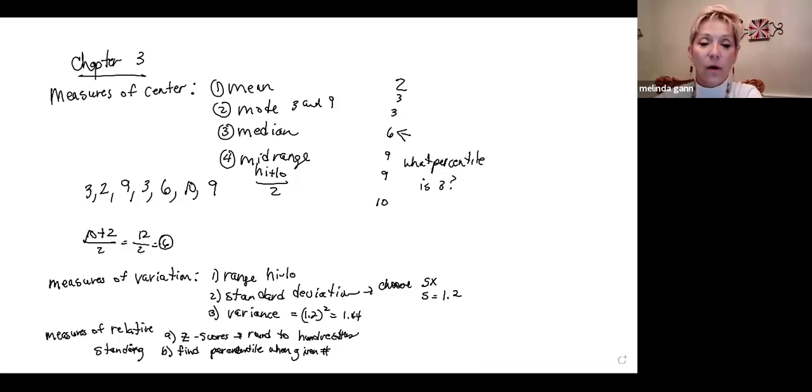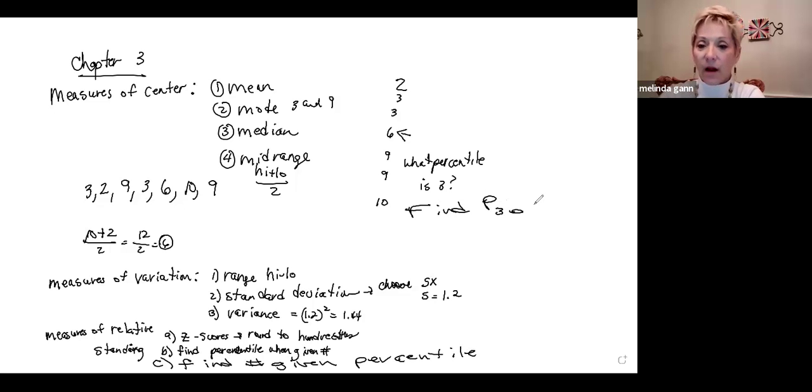Or I might go the other way: given the percentile, find the number. That would be more like find P of 30. So make sure you can do all of that out of chapter 3.